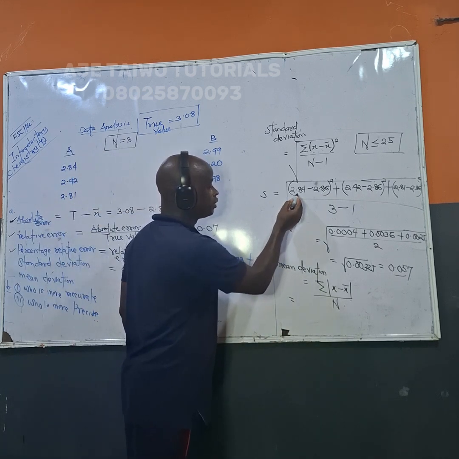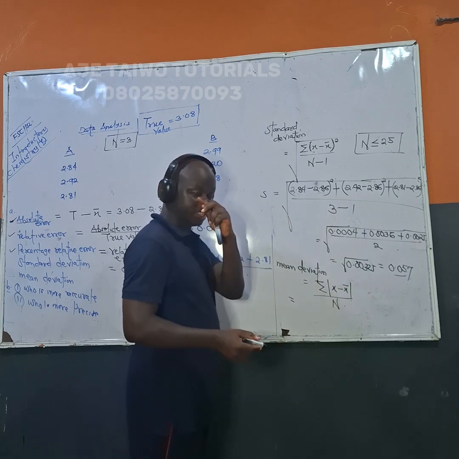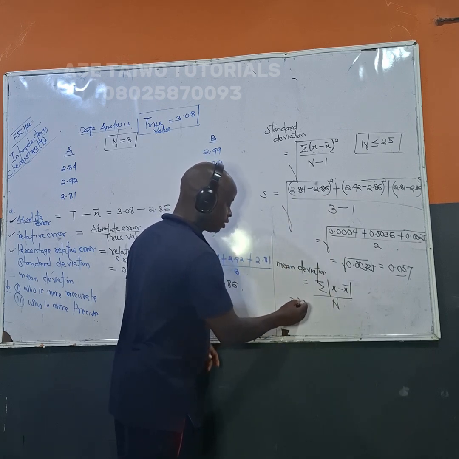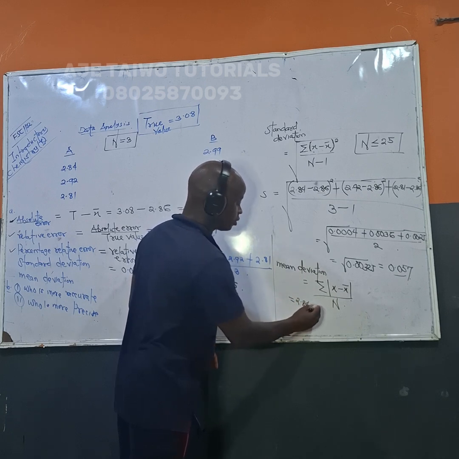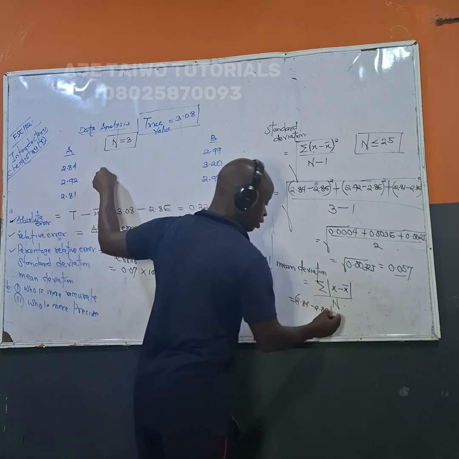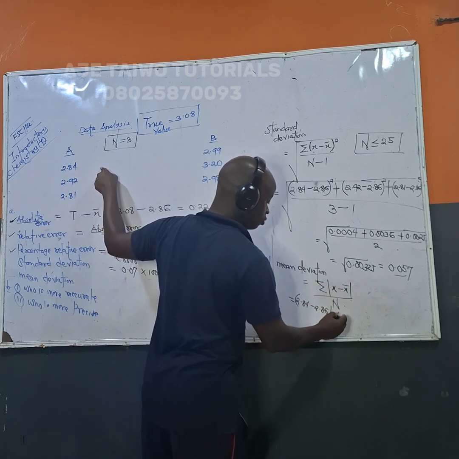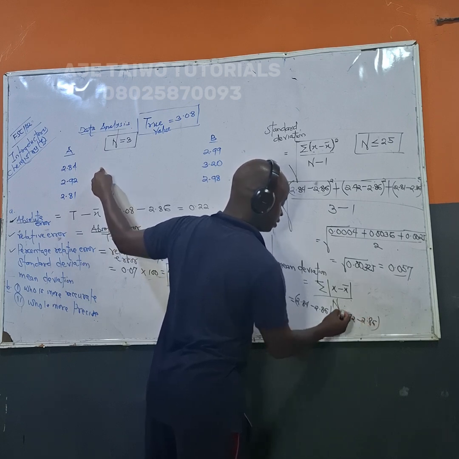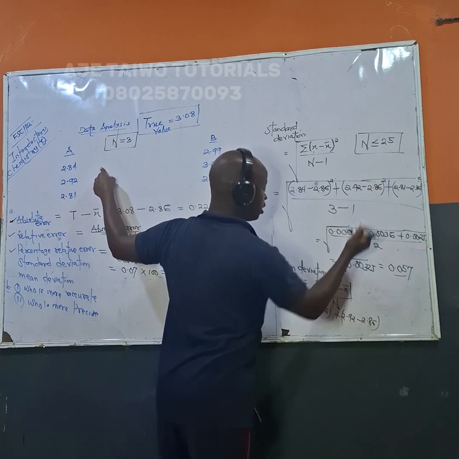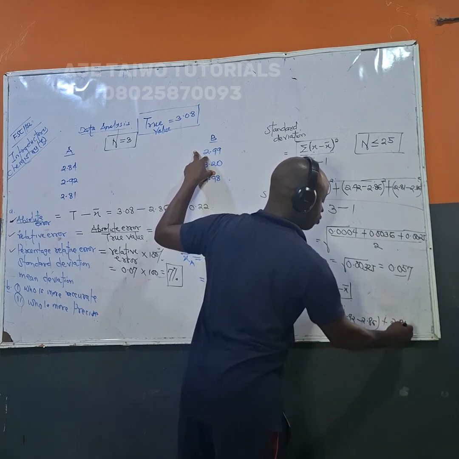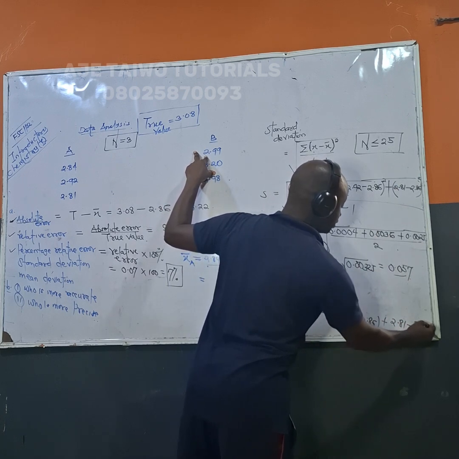That would be this minus this. That is 2.84 minus 2.86. That's this for the first one, plus 2.92 minus 2.86. That's for this. Without putting square. Don't put square in. Plus 2.81 minus 2.86.